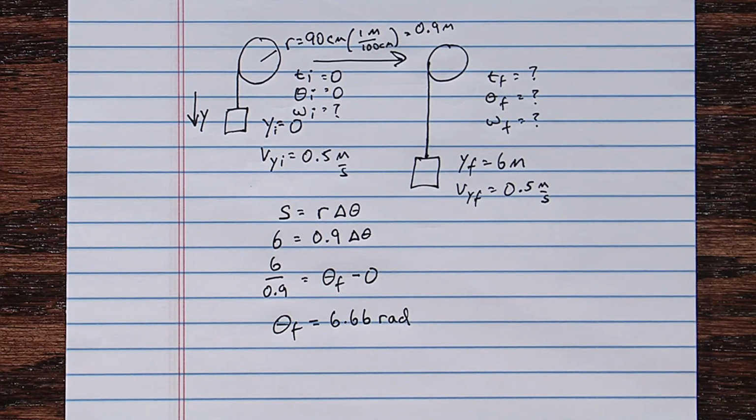We know that theta final is 6.66 radians, but we were specifically asked for how many revolutions the drum makes.